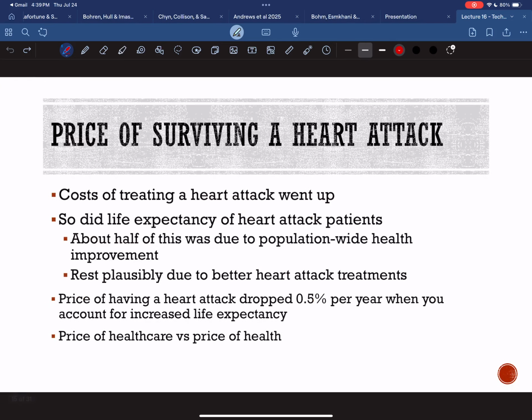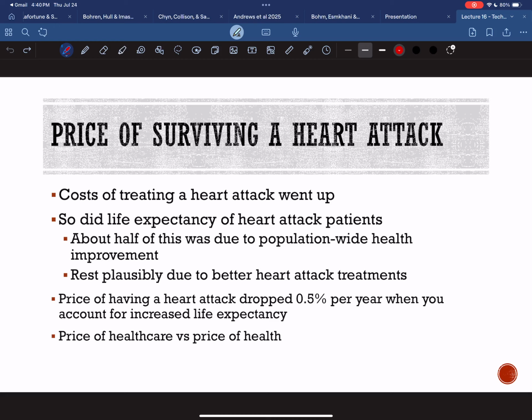The cost of treating a heart attack went up, but so did the life expectancy of heart attack patients. And after you account for the increase in life expectancy, the fact that health was improving over this time period for heart attack patients, the price of having a heart attack dropped about 5% per year.